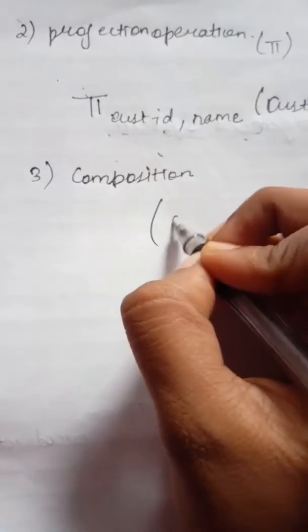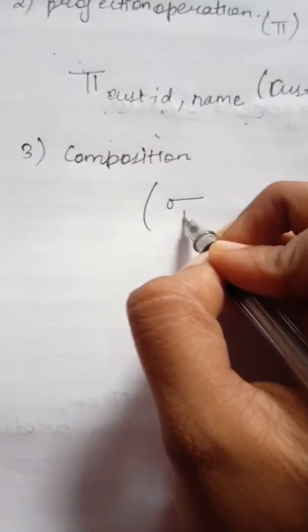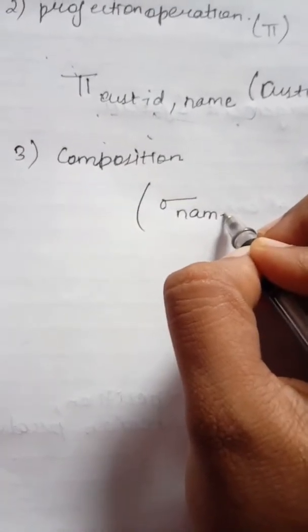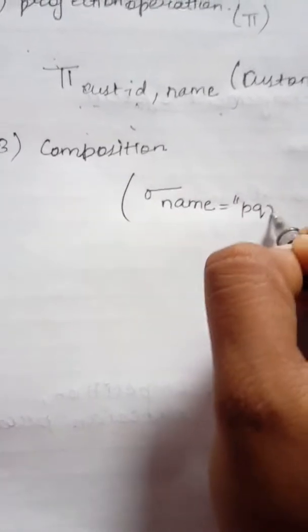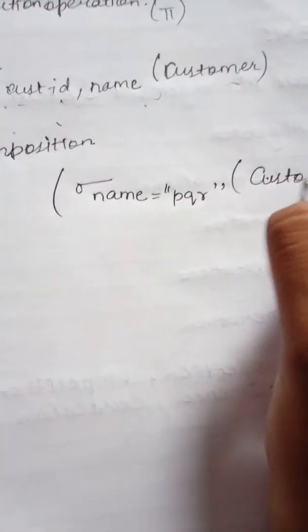So I can write this as composition. I will combine these two: first of all I will write pi name, sigma name equal to PQR from the customer table. But I want to access only the address of the customer named PQR.